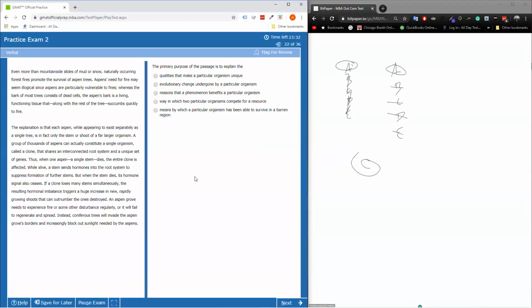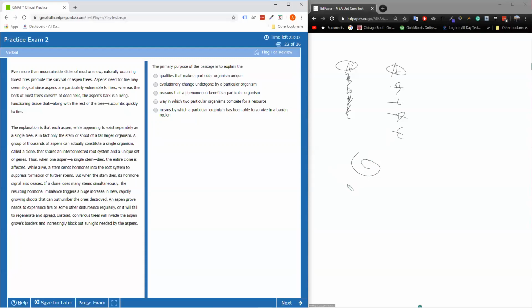Even more than mountainside slides of mud or snow, naturally occurring forest fires promote the survival of aspen trees. Aspen's need for fire may seem illogical since aspens are particularly vulnerable to fires. Whereas the bark of most trees consists of dead cells, the aspen's bark is a living, functioning tissue that, along with the rest of the tree, succumbs quickly to fire.